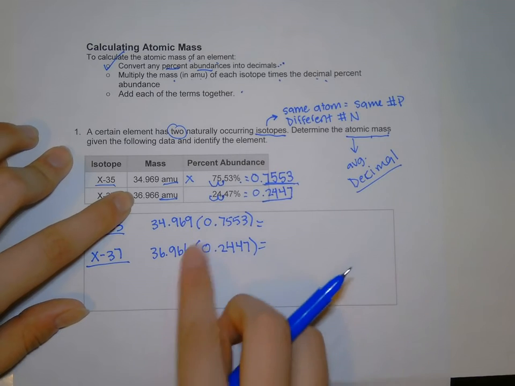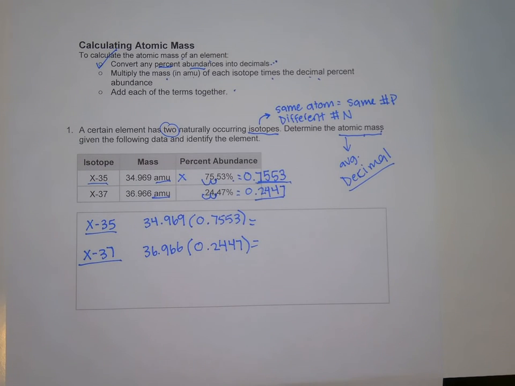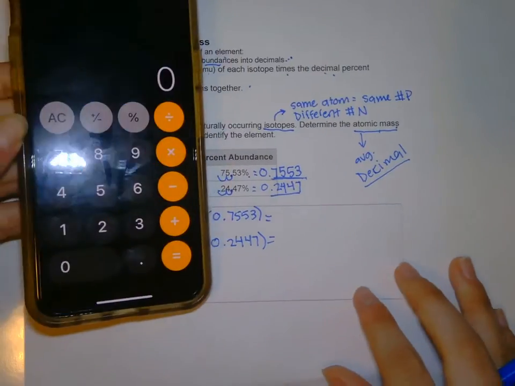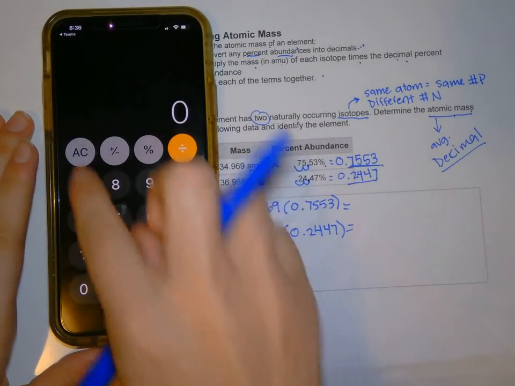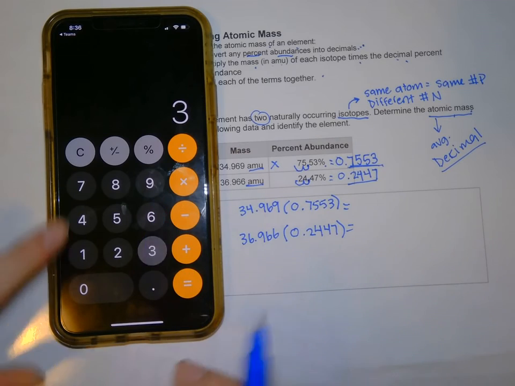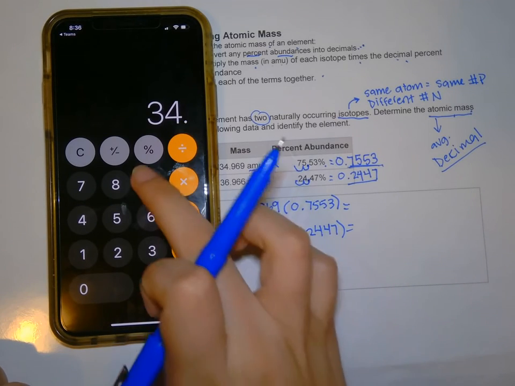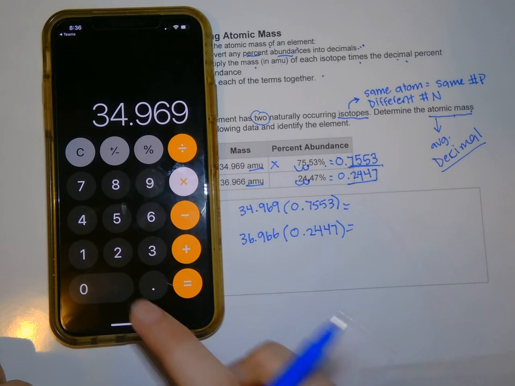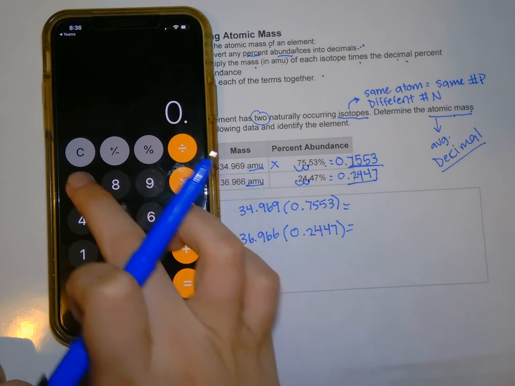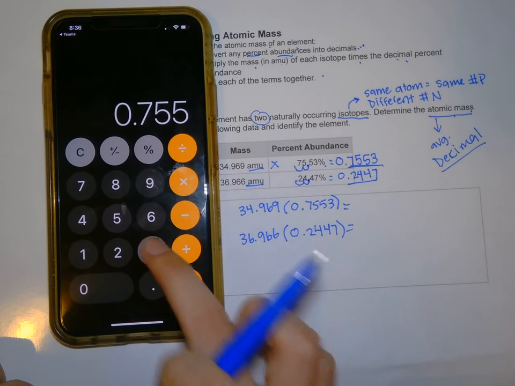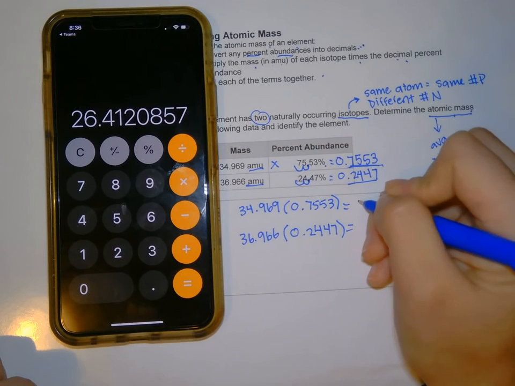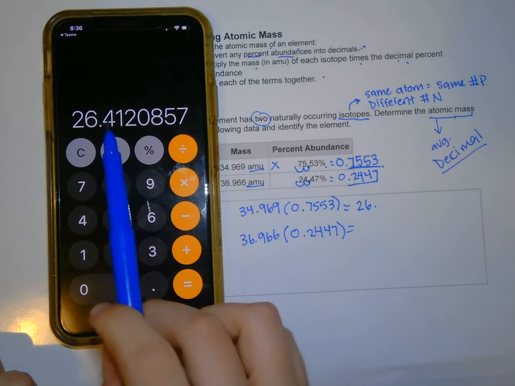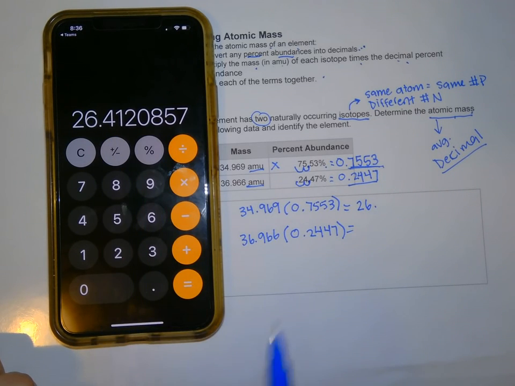So now I have to actually figure out what number this is. So let me get my handy dandy calculator. 34.969 times 0.7553 is equal to 26 point, and now I have to decide how many decimal places I want to keep.